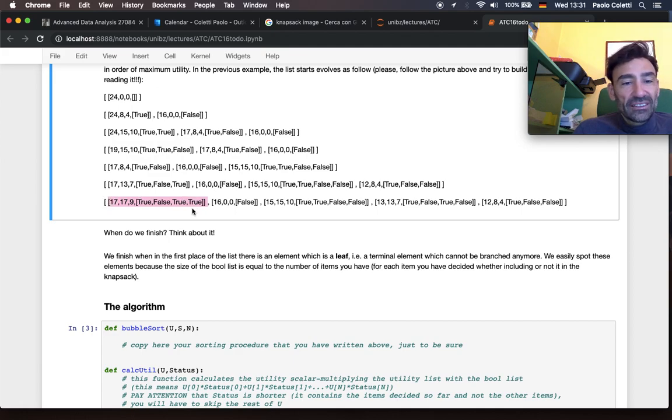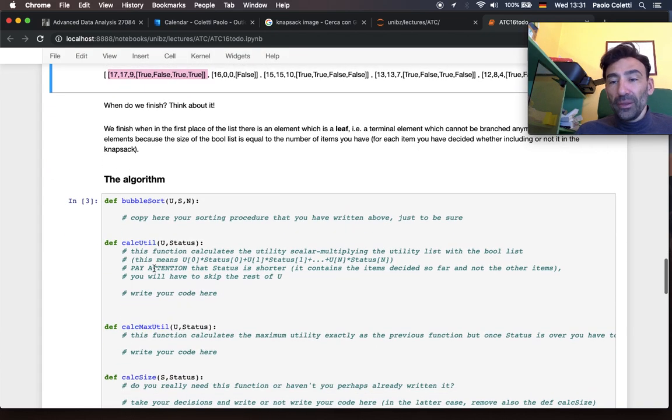It means that it has exactly 4 elements, in this case, exactly the number of elements which corresponds to the number of items you have. So when this one is a leaf, since it's in order of potential maximum utility, you are sure that there is no better branch. Okay?